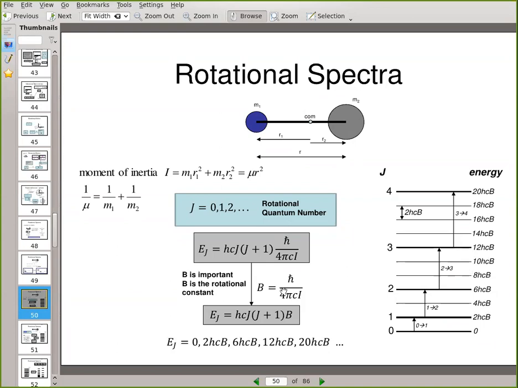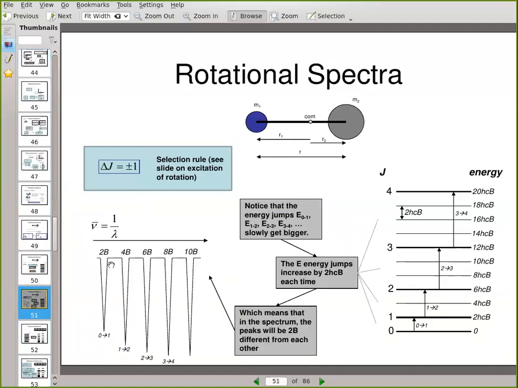And those jumps are dependent on the expression for energy, which is dependent on that rotational quantum number, which is J over there. So let's just show you what rotational spectra look like. If you run a rotational spectrum, you'll get a series of absorptions. And the series of absorptions will be at particular wave numbers.